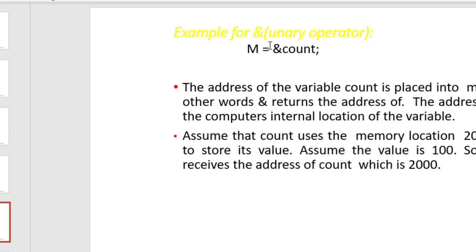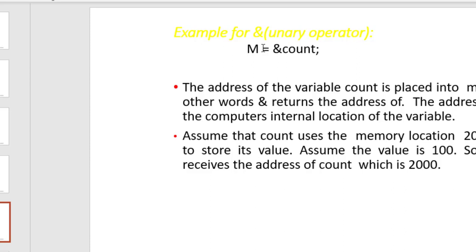Let's see this example. Here we have an expression where there is a variable m, which is being assigned the address of the variable count. Normally this is how to assign the address of a variable to a pointer.